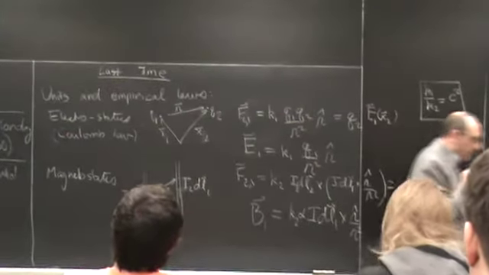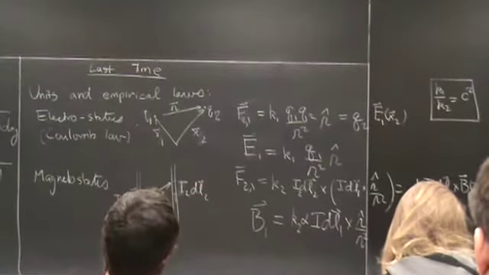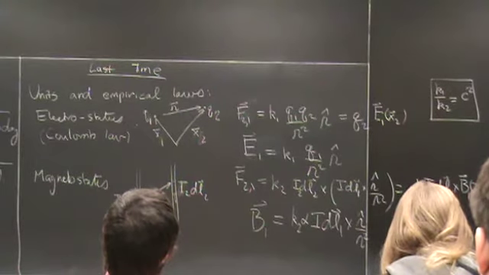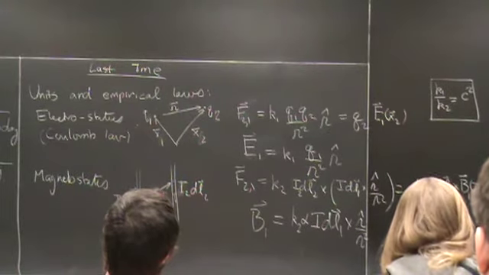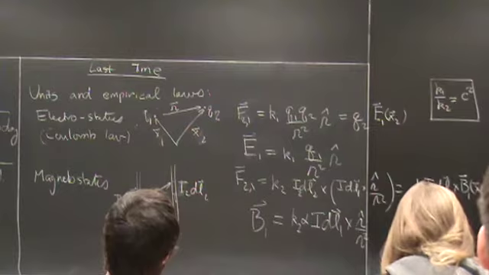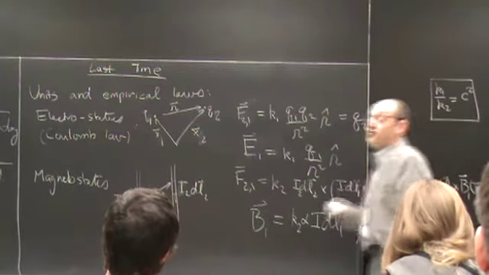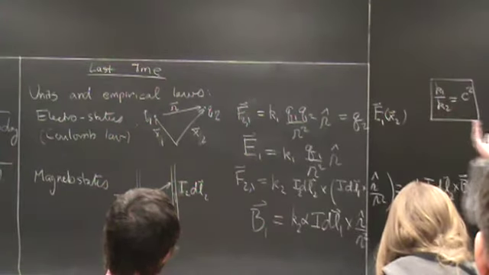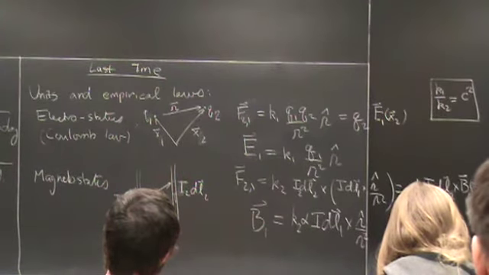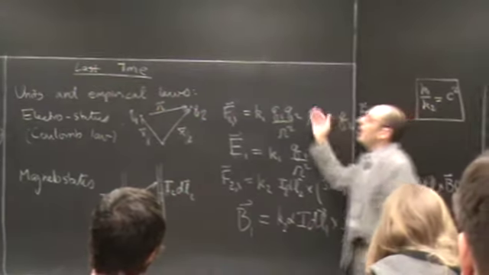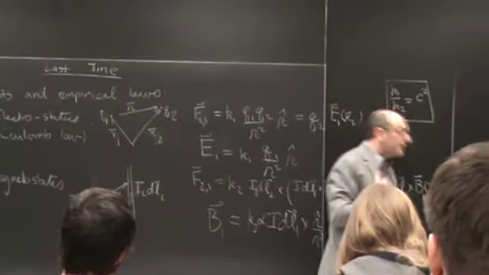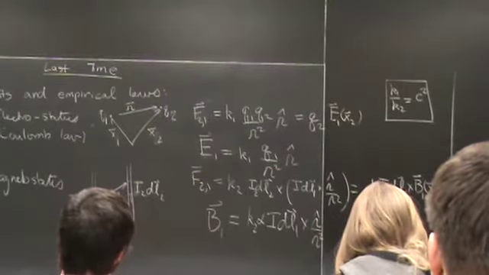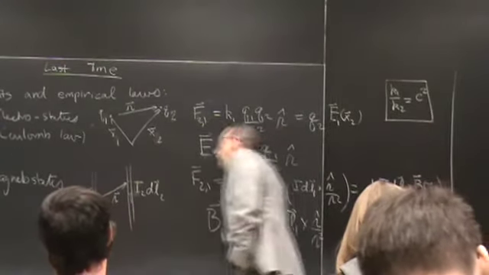When we deal with electricity and magnetism, we have a new quantity, charge, and somehow the units of charge need to be related to the units of force, okay? And that's the whole story. And so the conventions are based on the empirical laws of electrostatics and magnetostatics, the Biot-Savart law and the Coulomb law.